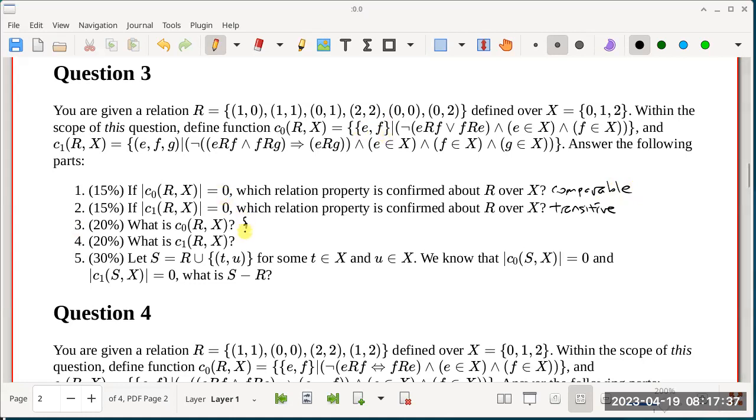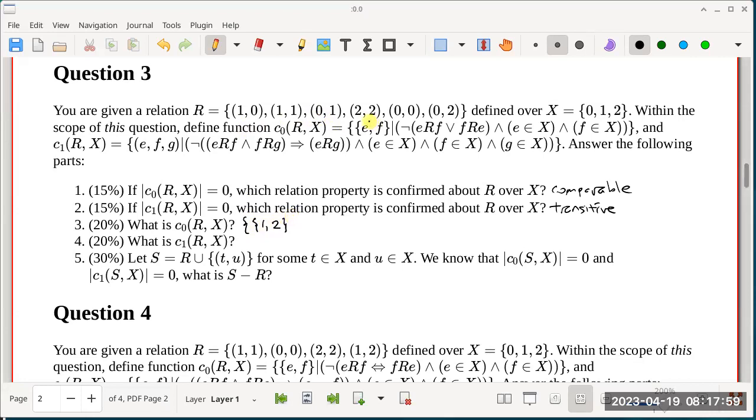So now we say, can we find any evidence that the relation R is not comparable? We just say 1 relates to 1, 1 relates to 0, but 1 does not relate to 2. So we definitely have 1, 2 as a set here.